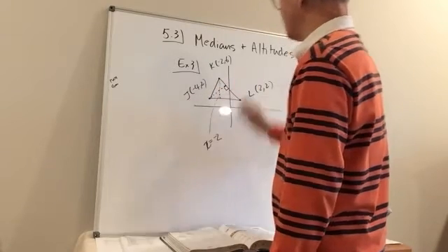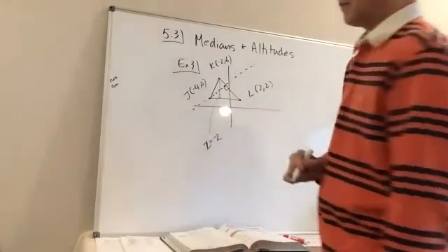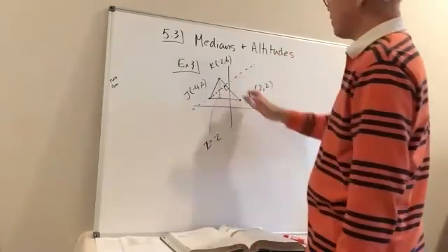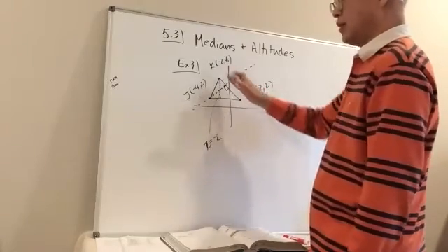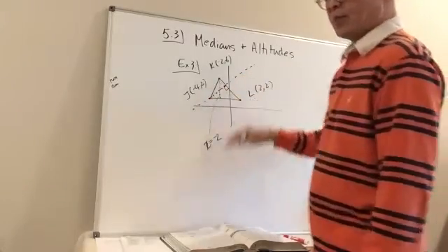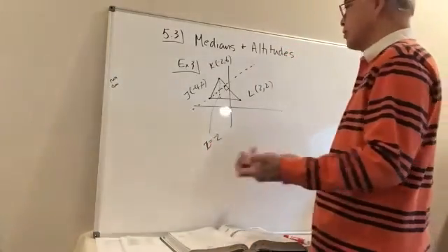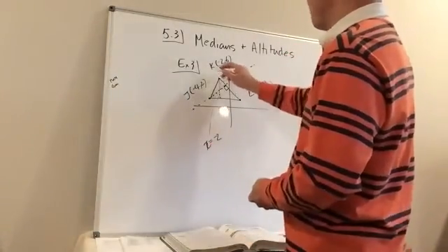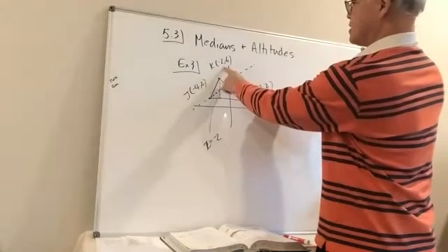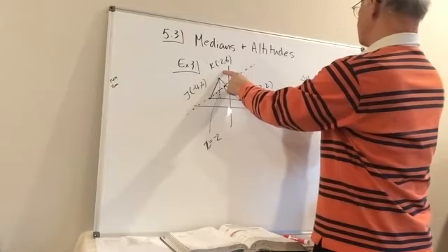So I'm going to try to find the equation for this line here. Since I know this is perpendicular to this line, if I find the slope for this one, the slope for the other is going to be the opposite reciprocal, right? Because when you have perpendicular slopes, they are opposite reciprocals, and we know that. So let's find the slope of this line here. The slope of these 2 points is delta y over delta x.